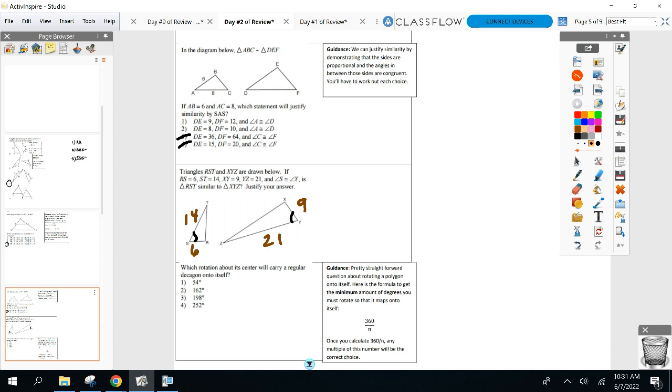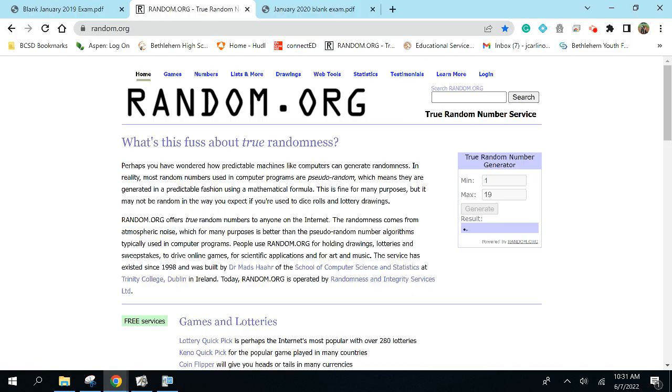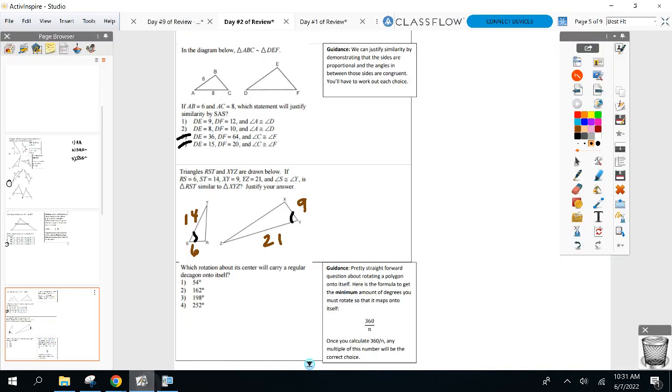All right, how about the first one here? What numbers gave you similar triangles? Jackson, what do you got? Which numbers? Number 1. 1, D, 9 over 12. Yep. 6 over 9 is the same as 8 over 12. All good? Questions there? And then what about the second one?